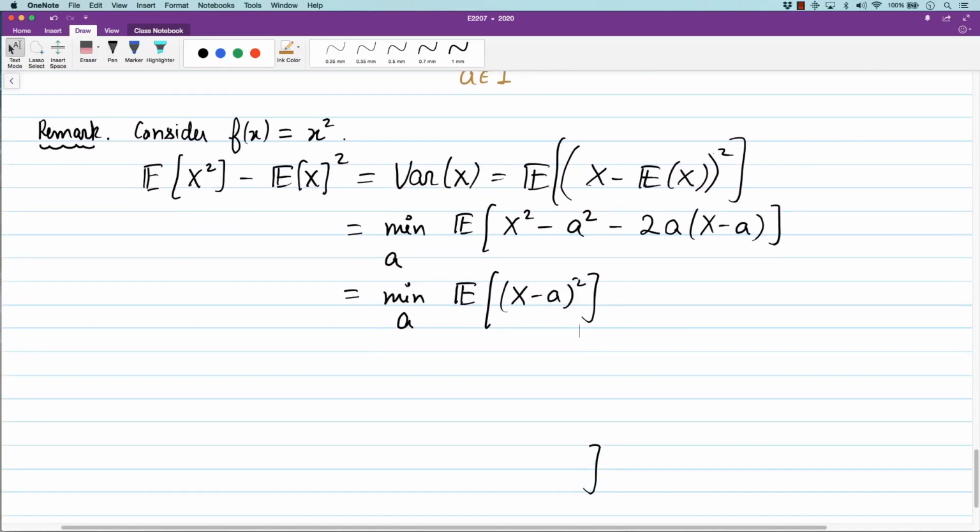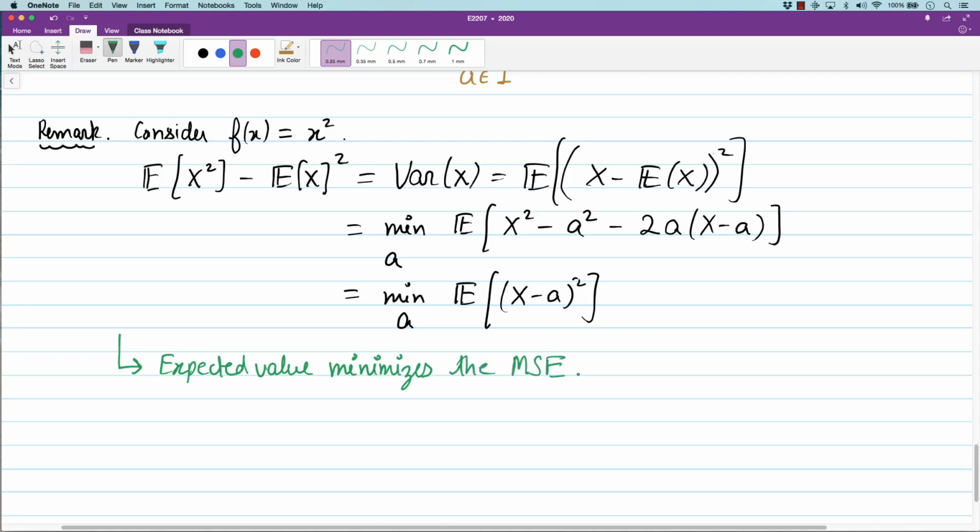Okay. Yeah, the familiar formula. It says that expected value minimizes the mean squared error, MSE.